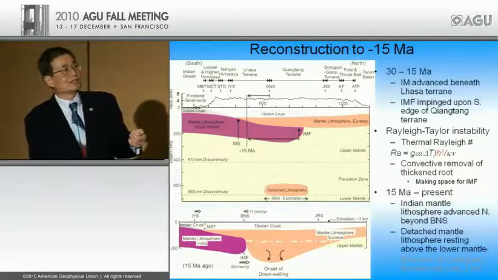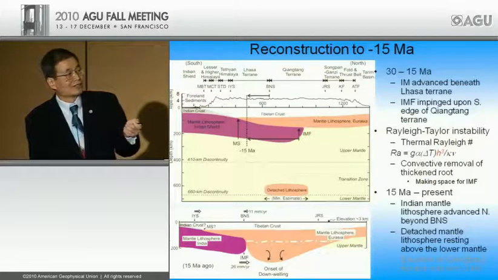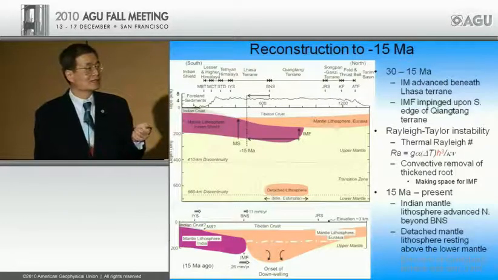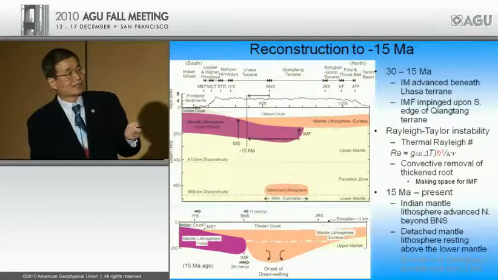Between 30 and 15 million years ago, the Indian lithosphere advanced already past the Lhasa terrane. This is the reconstructed configuration. The Lhasa terrane was over here. And at about 15 million years, the Indian mantle front impinges upon the southern edge of the Qiangtang terrane defined by the Bangong-Nujiang suture here.